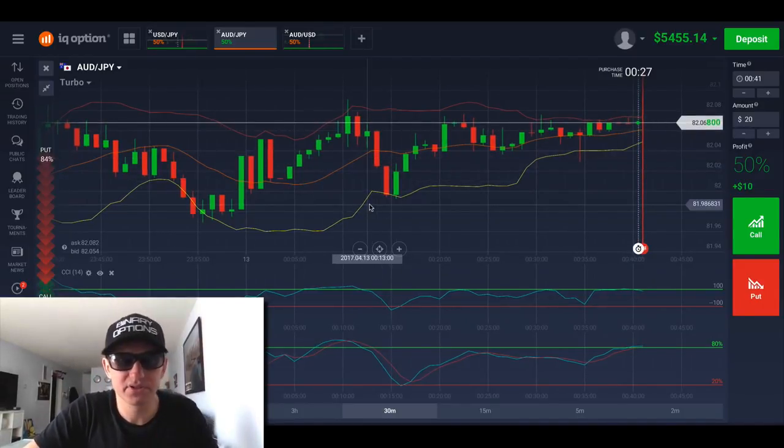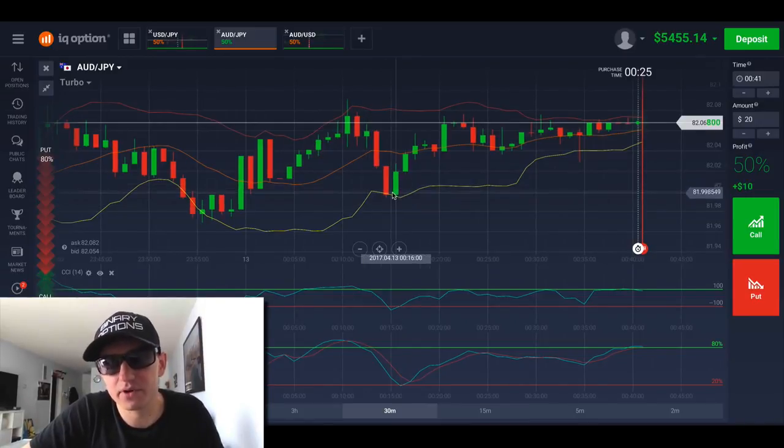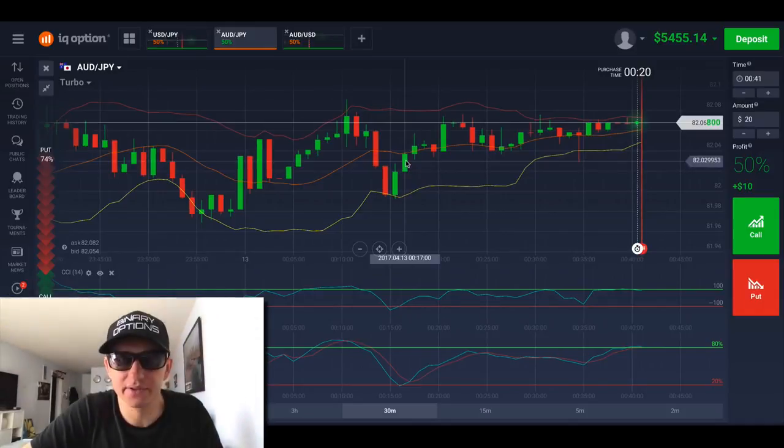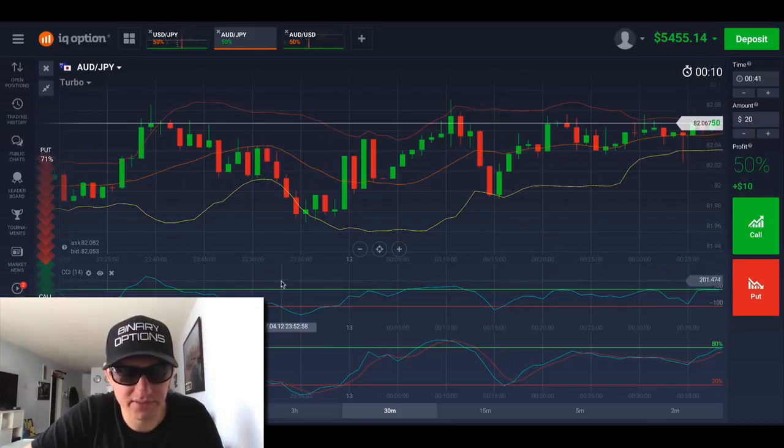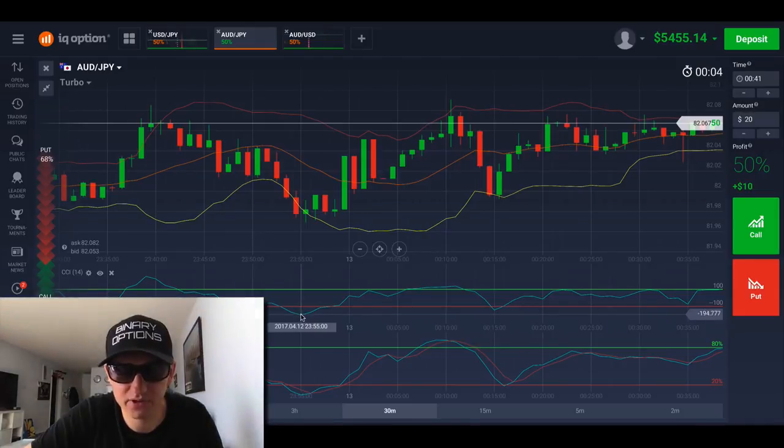I would personally make a stake for 2 minutes for the rise, and in this case it's gonna be a pure win. The same thing over here, we do see the downwards trend that started at this point, and the CCI is far below the minus 100.